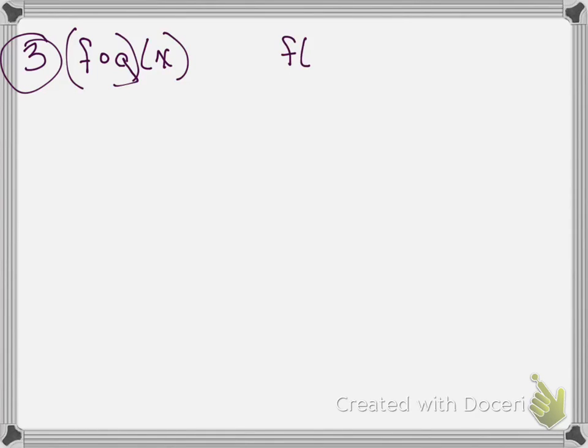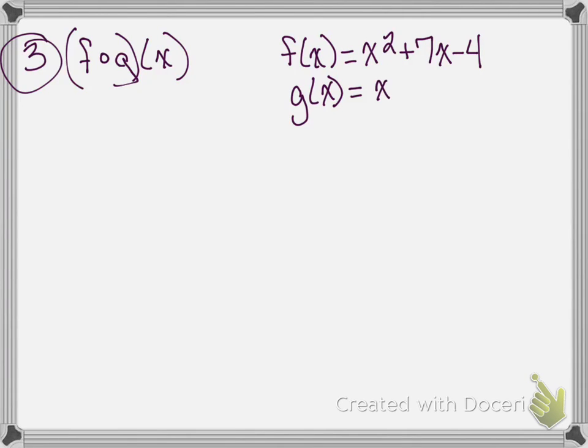Okay. Number 3. We are finding f composed of g of x. f of x is x squared plus 7x minus 4. g of x is x minus 1.